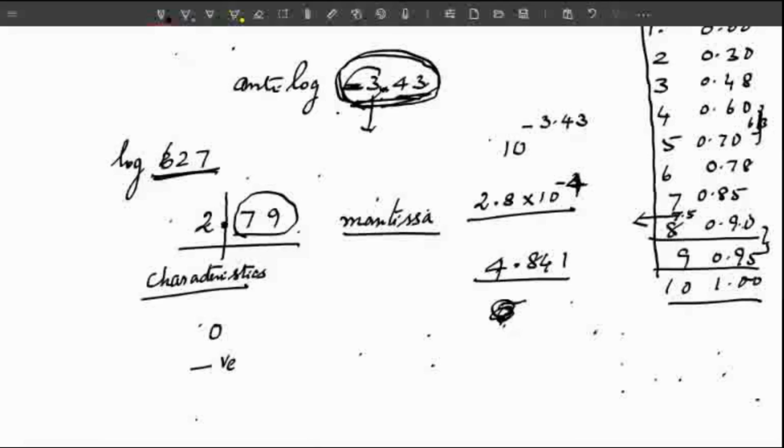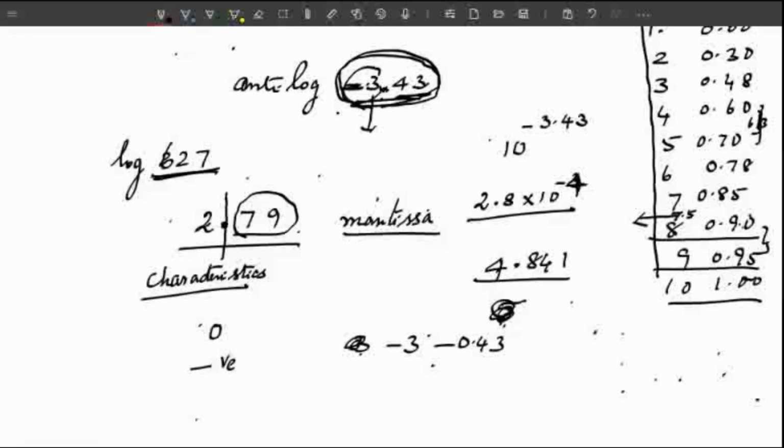number. How to make it into a positive number? I am going to write this as -3 - 0.43. Am I correct? -3.43 is written as -3 minus 0.43. This is the way you can easily write it.